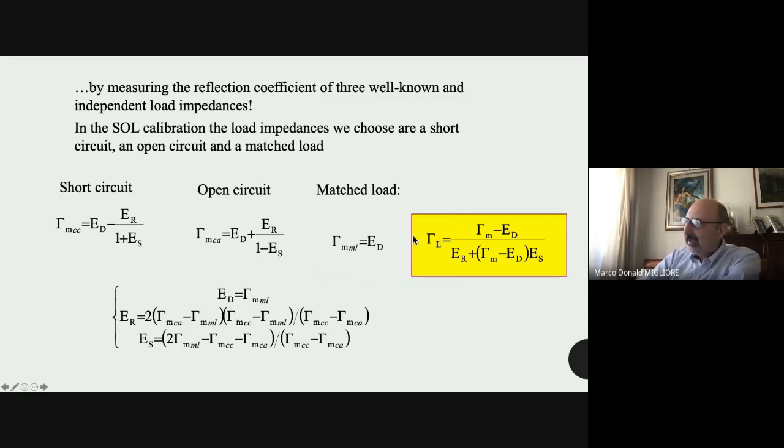And this is basically the procedure that is used in a vector network analyzer. It's understood that I have to know the loads with a very high accuracy. Any error in the knowledge of the load gives an error in the evaluation of gamma L. This means that we need extremely precise loads.